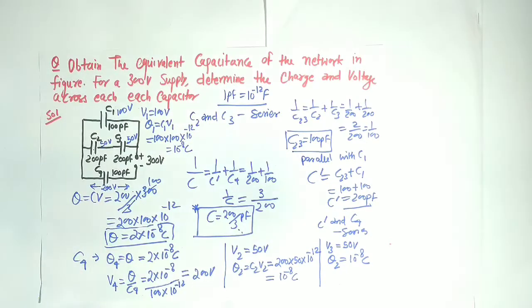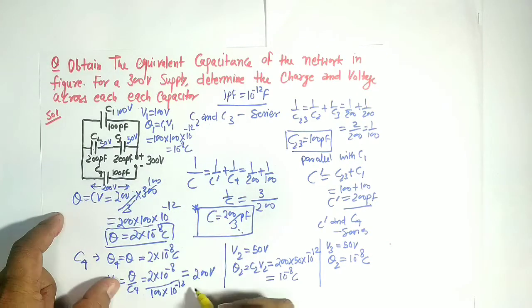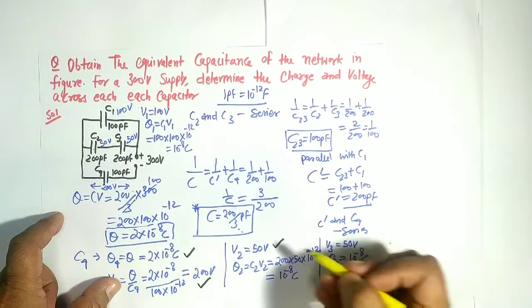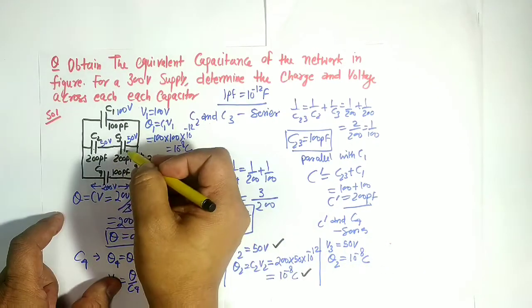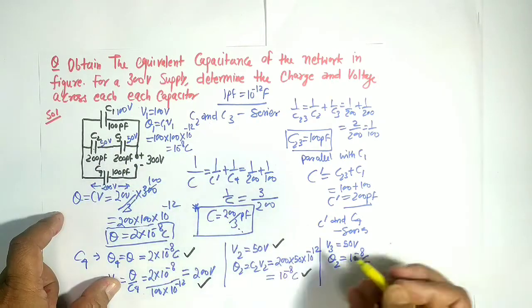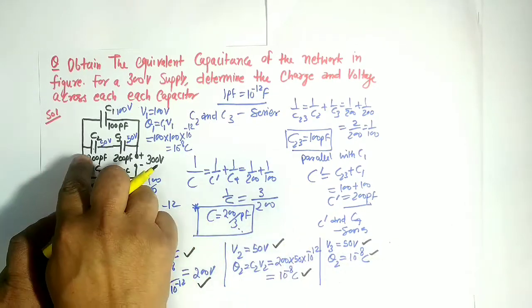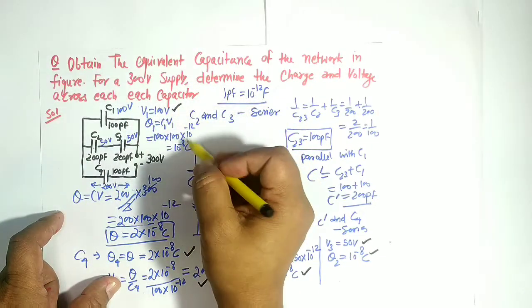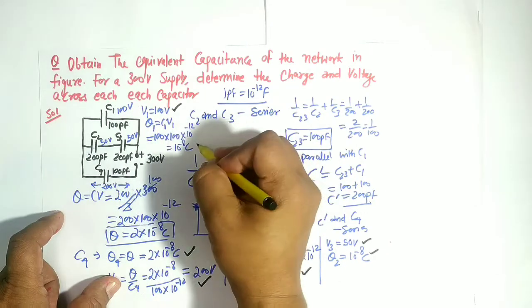So in this way, we get all the potential differences. For C4, we got 200 volt, charge is this. For C2, we got 50 volt and charge is this. For C3, we got 50 volt and charge will remain same, because potential difference divides. And for C1, voltage is 100 volt and charge will be C1 V1. So it is the answer.